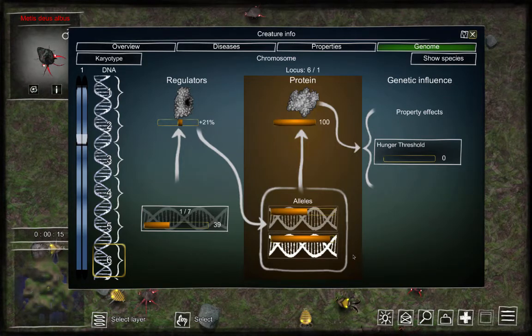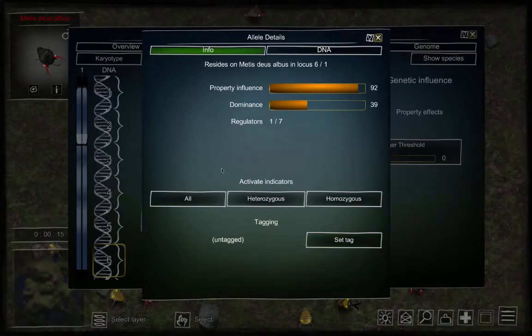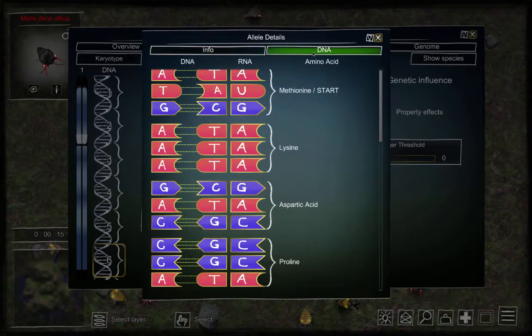So this individual is heterozygous in this particular locus. If the genes are the same, the locus is said to be homozygous. But this is a heterozygous locus, and let's choose here the dominant gene. And let's jump from the info box straight to the DNA box.